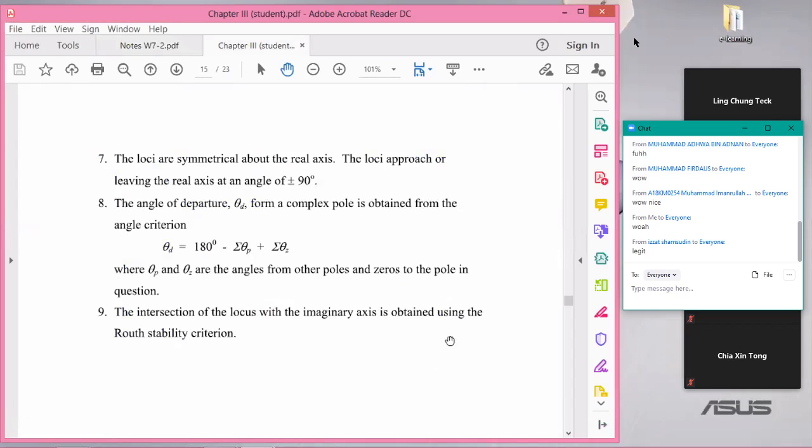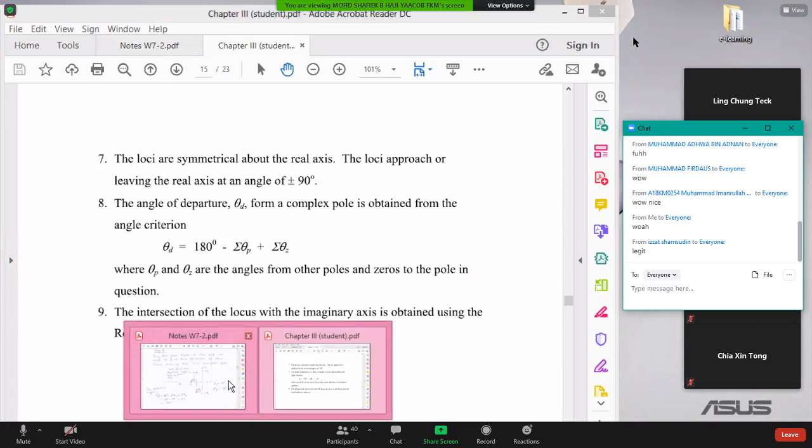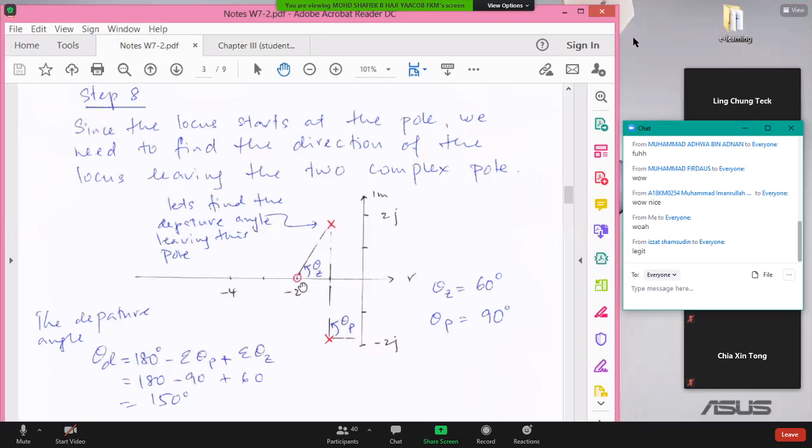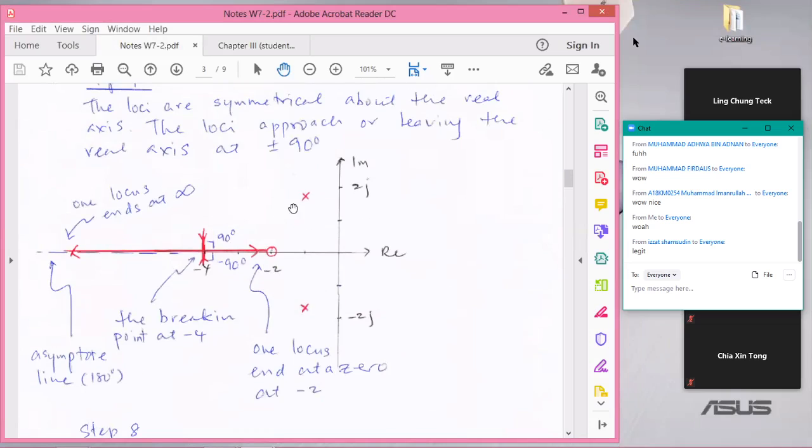In this example, step 9 is not necessary because the locus is not going to go to the left of the imaginary axis. Our system is stable for all gain. It is going to come up from that pole and enter the real axis.